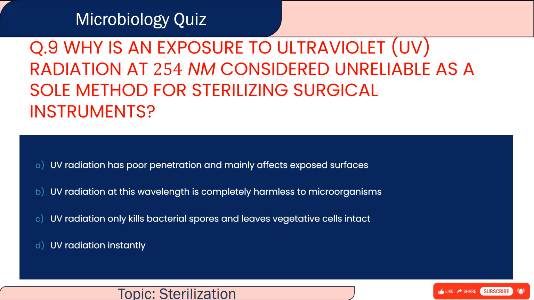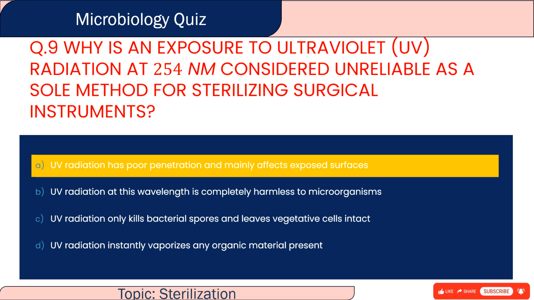C. It only kills bacterial spores and leaves vegetative cells intact. D. UV radiation instantly vaporizes any organic material present. And the answer is A.